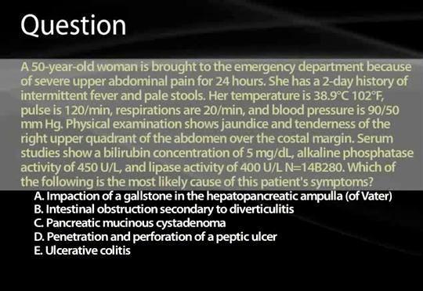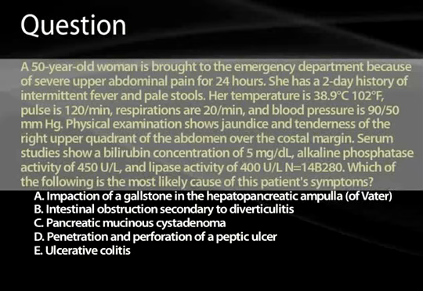This should immediately get you thinking of referred pain, also the regionalization in the right upper quadrant over the costal margin. This could be something from obstruction of the gallbladder or a stone, since they have problems with bilirubin, alkaline phosphatase, and lipase activity.